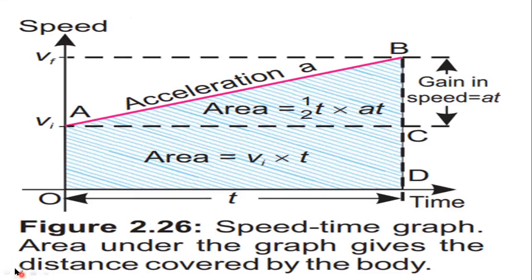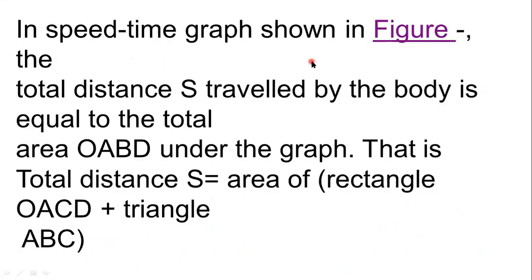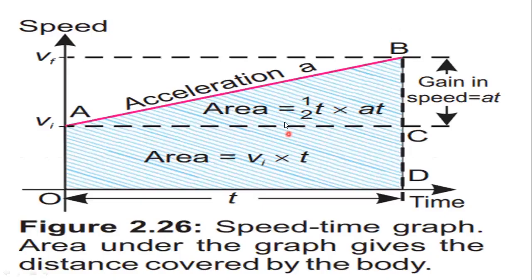Look at this. In the speed-time graph shown in the figure, the total distance S traveled by the body is equal to the total area OABD under the graph. So under that graph OABD, the total distance S is the area of the rectangle plus the area of the triangle. For easy understanding, this is the total distance traveled by the body: the rectangular area and this triangular area.